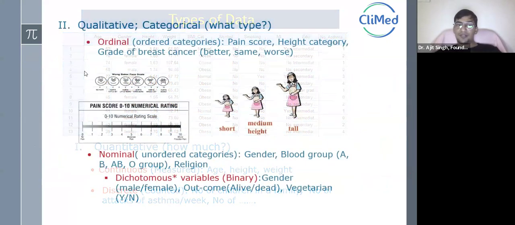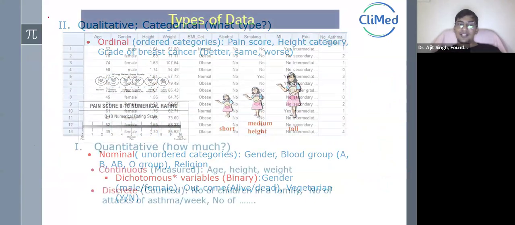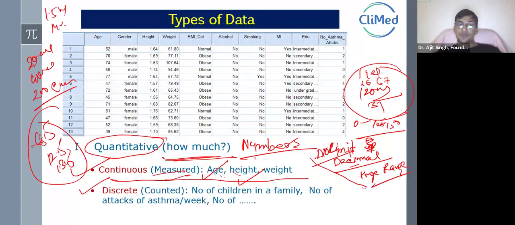Height is 1.5 meter, 1.4 meter, 5 feet 6 inch, 5 feet 3 inch. Decimals are there. So data which has a huge range, decimals, and no specific limit is called continuous data.